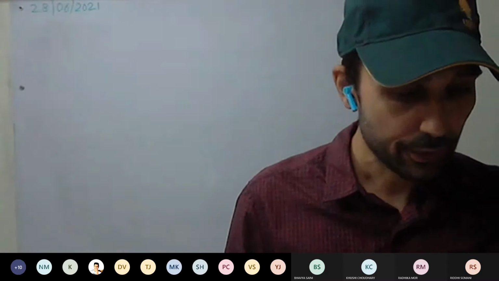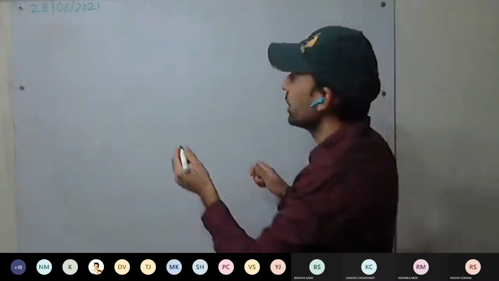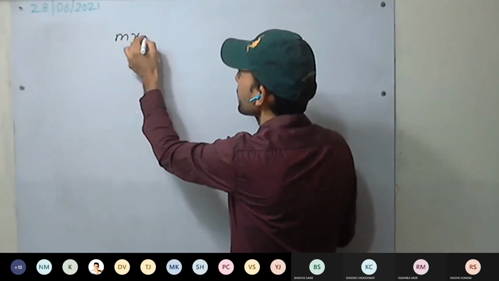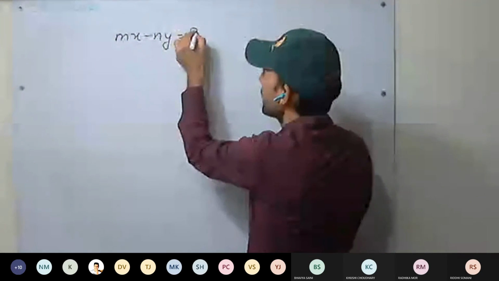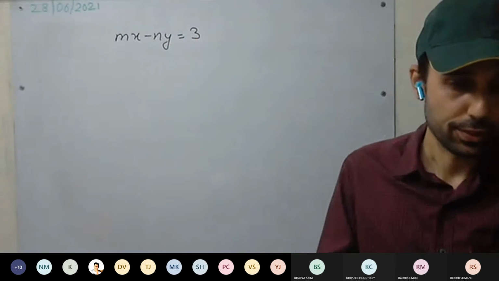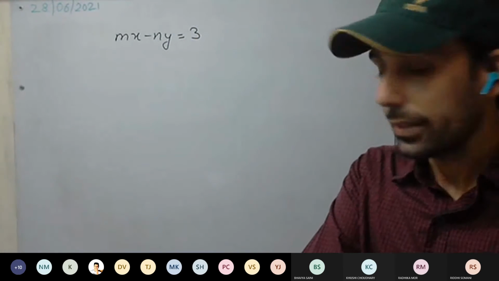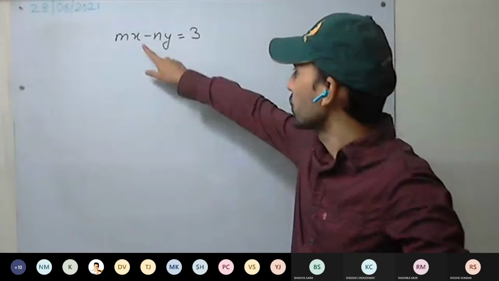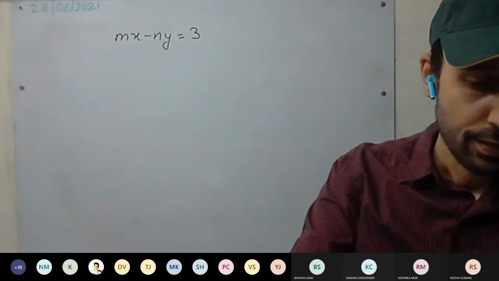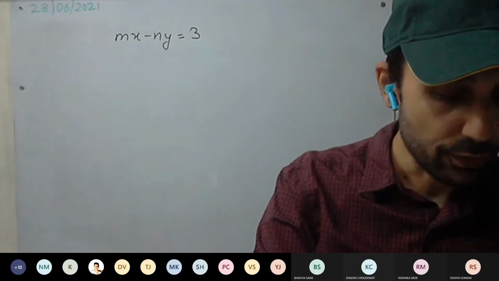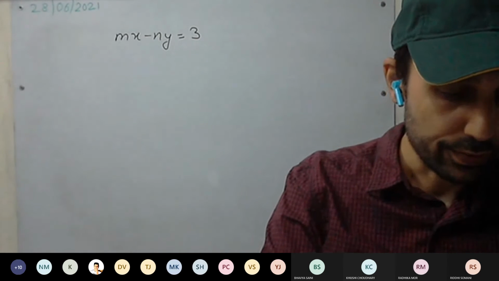The value of expression, they have provided an expression, mx minus ny is 3. Is 3 means equal to 3. The value of expression mx minus ny is equal to 3. So this is the equation we have got, when x equal to 5 and y equal to 6.